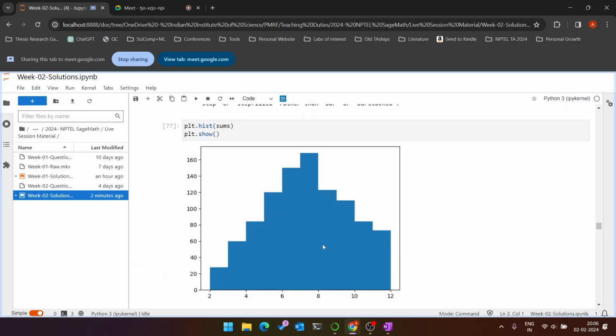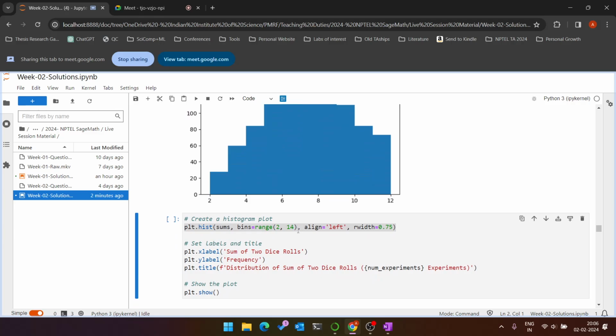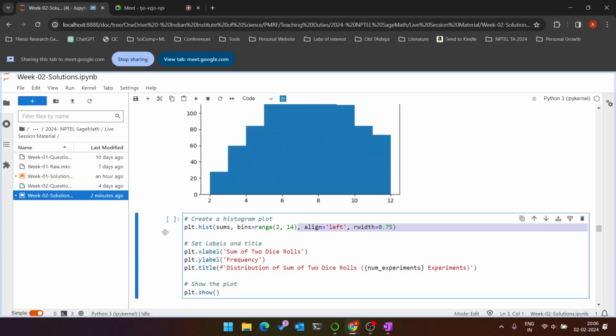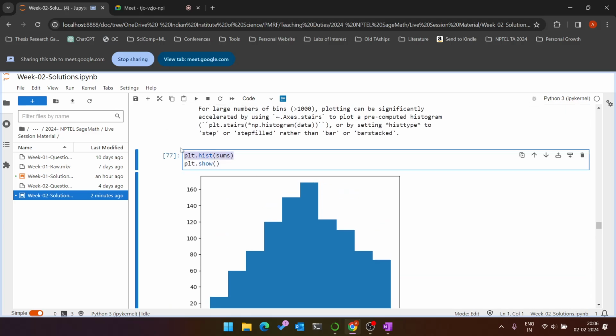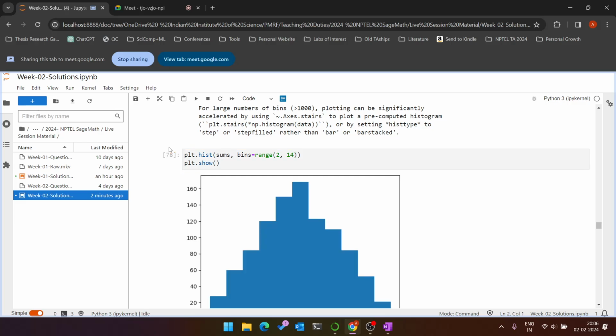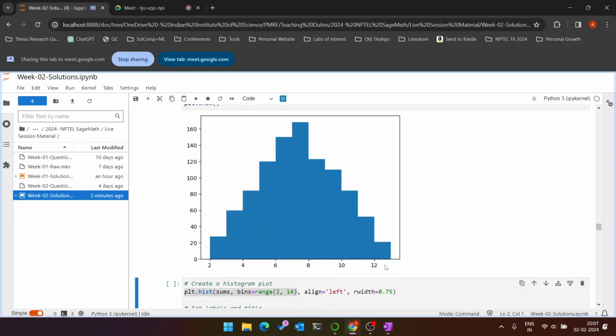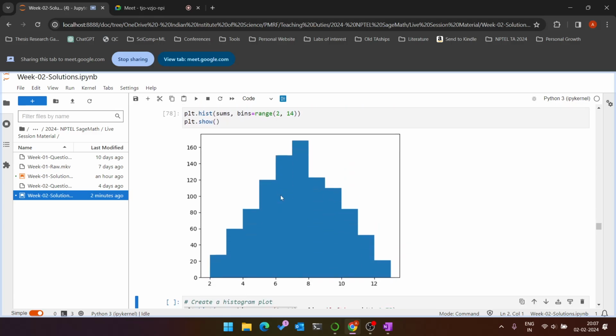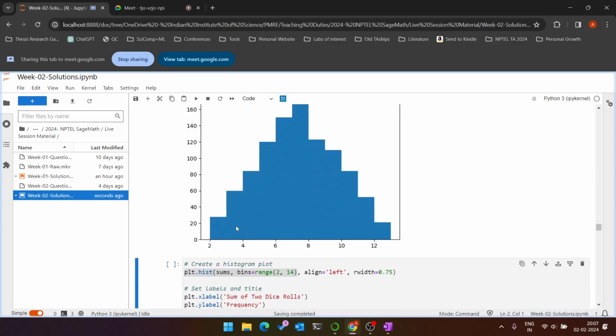Okay, so now we tell it to take bins from 2 to 14, so it will start at 2, end at 13, and it seems that there is some sort of clarity now.